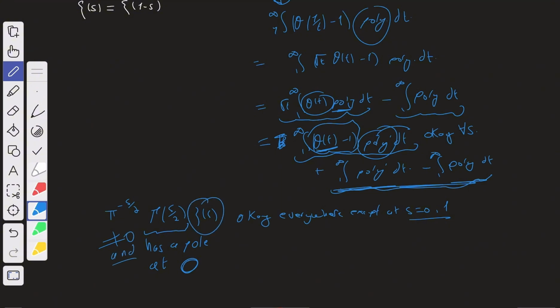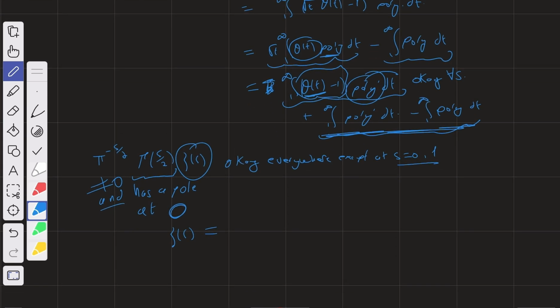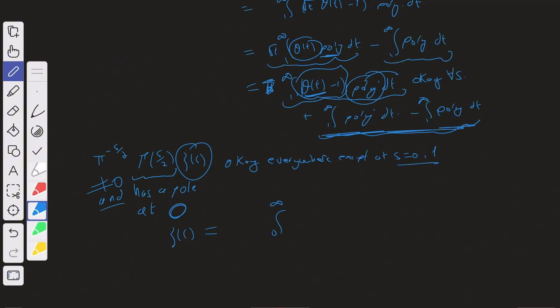So if you define zeta by the stuff that we got on the right, which is the integral from 0 to infinity after we opened it up and discussed what it is, divided by pi to the negative s over 2 gamma of s over 2, this zeta function, defined as such, is defined everywhere. We just analytically continued the zeta to the whole complex plane, except for one problem at 1, because the problem at 0 is already taken by the gamma function.